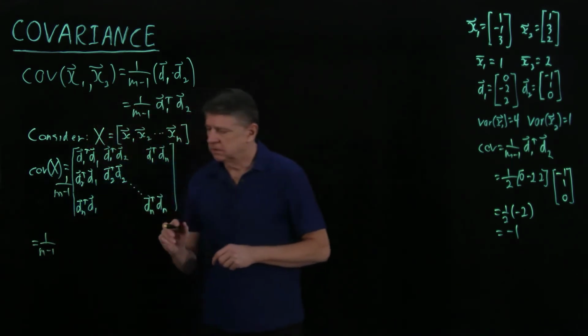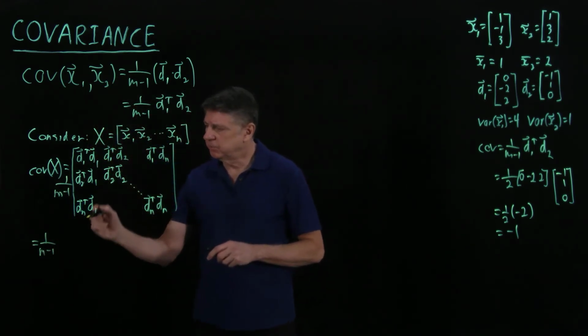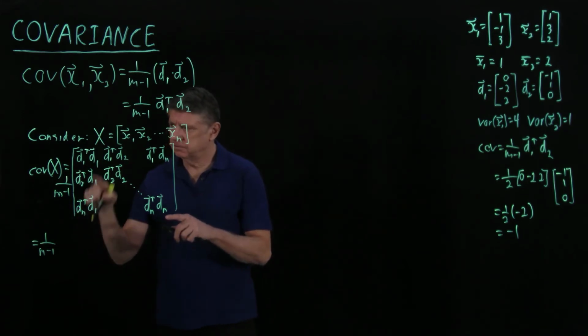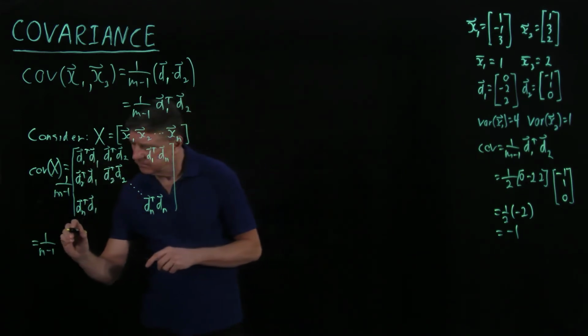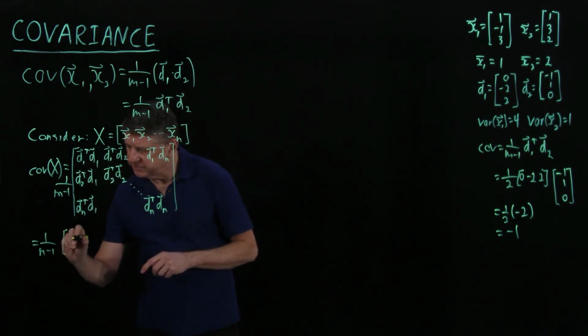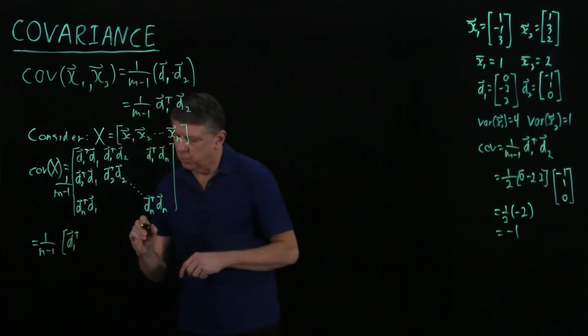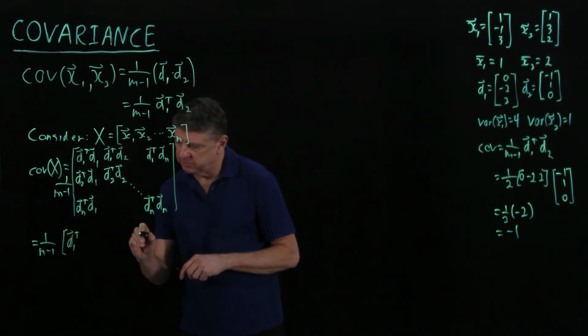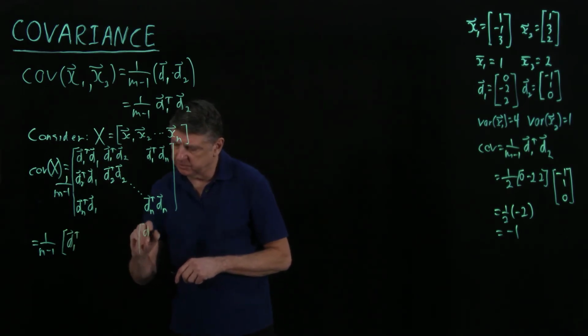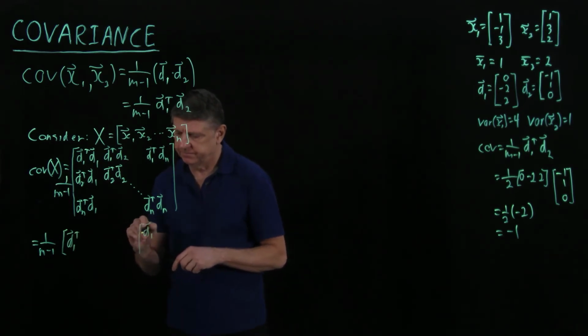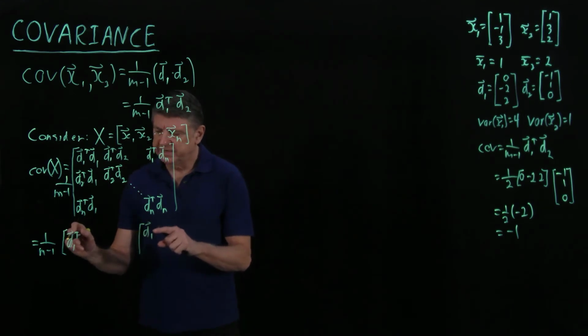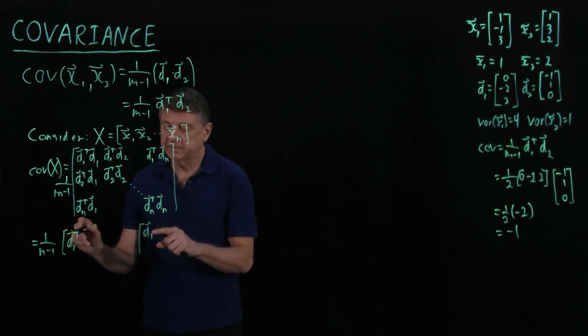And now, let's try representing this. So the first entry is D1 transpose. And what has D1 transpose been multiplied by? Well, it's been multiplied by D1. And then we can see we've run out of entries.